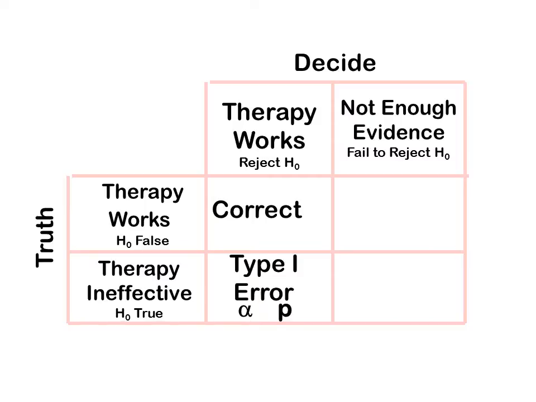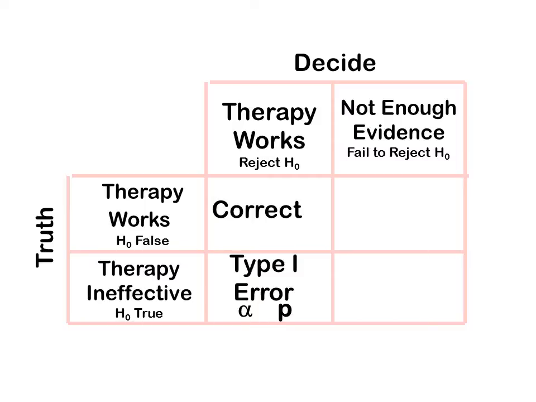And again, the probabilities of type 1 error, there's two types: alpha, which is the a priori probability, or the p-value, which is the a posteriori probability, the probability based on our data of making a type 1 error. But notice, if we've decided to reject H0, we're either correct or we've made a type 1 error, but it's impossible to make a type 2 error if we've rejected H0.